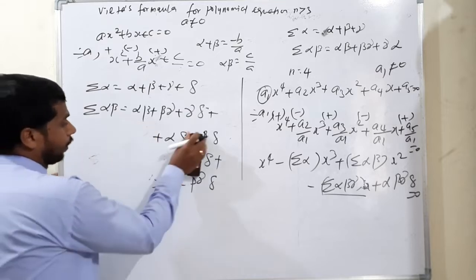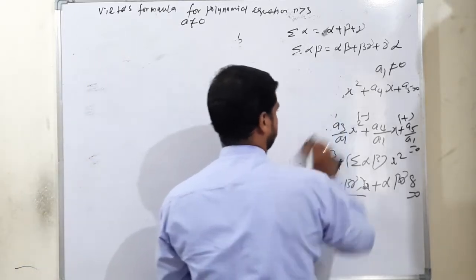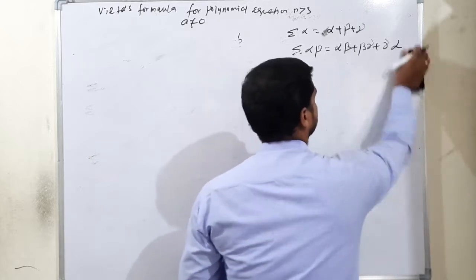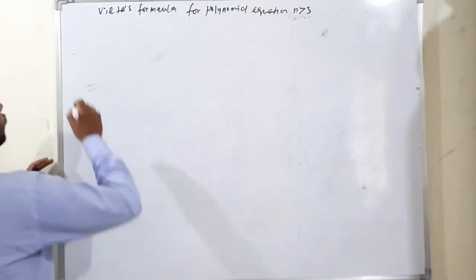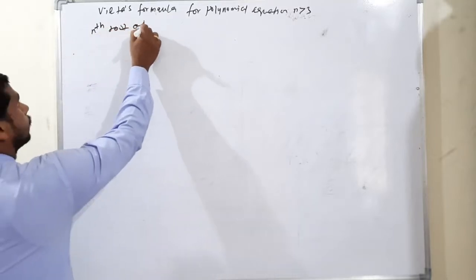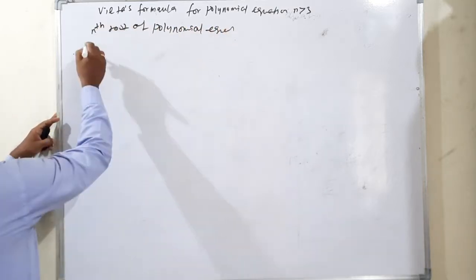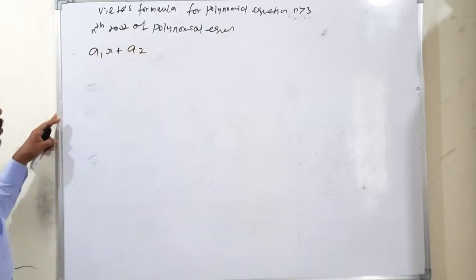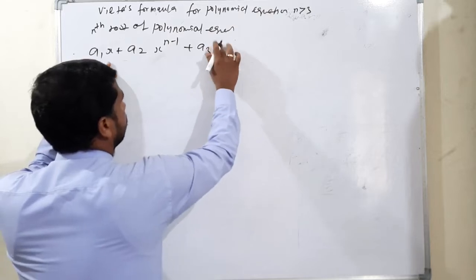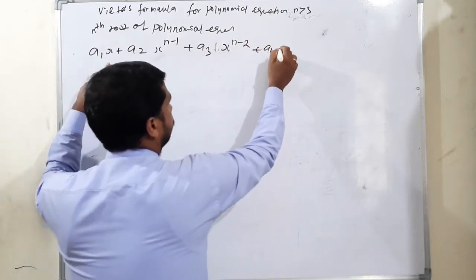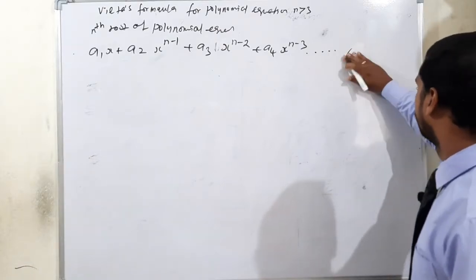Now nth root of polynomial equation, so a1 into x, then a2 into x to the power n minus 1, then a3 into x to the power n minus 2, then a4 into x to the power n minus 3, last one an will come.